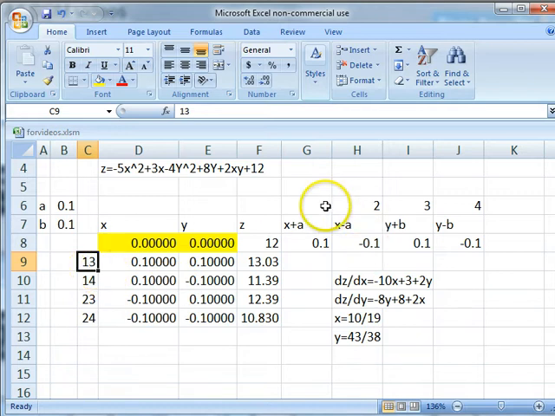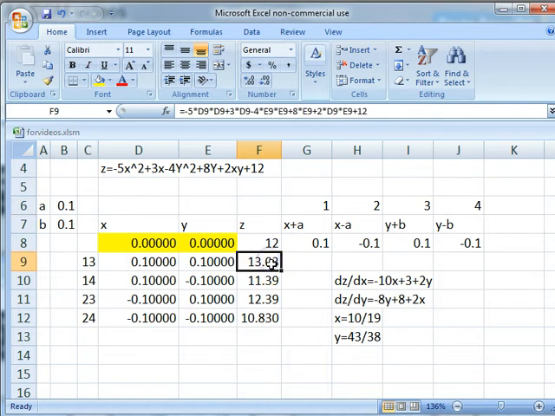So these are my points I have coded here. I use the combinations of x plus a and y plus b, x plus a and y minus b, and so on and so forth.